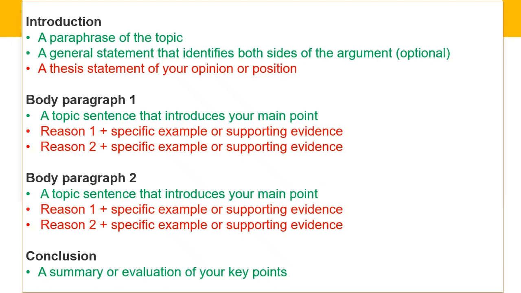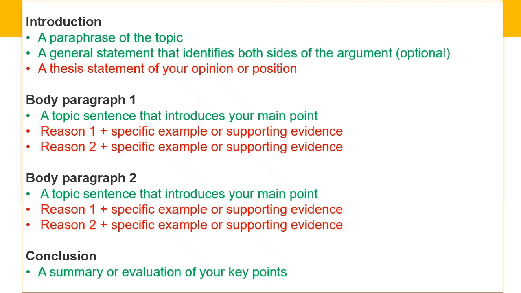position and counter them either there or later in your conclusion. In the case of an essay in which you weigh advantages against disadvantages, you discuss at least 2 advantages in one paragraph and 2 disadvantages in the other paragraph.